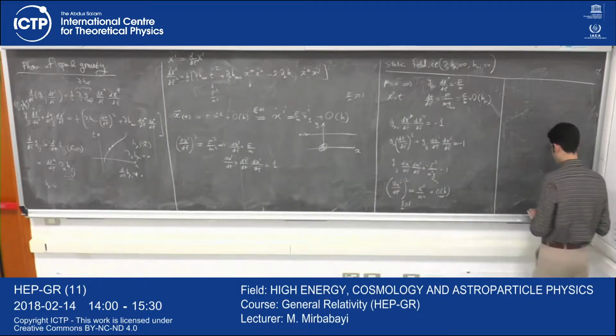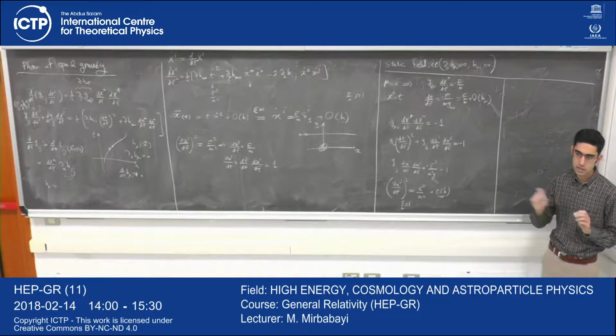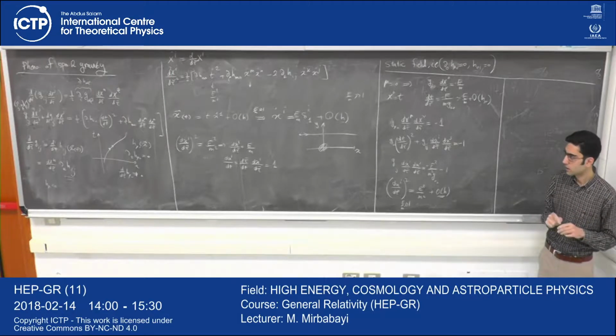Interestingly, it's going to be different from what we get in the case of a scalar gravity. In the scalar gravity, you got 0 for the bending of light, but here we won't get 0 anymore.